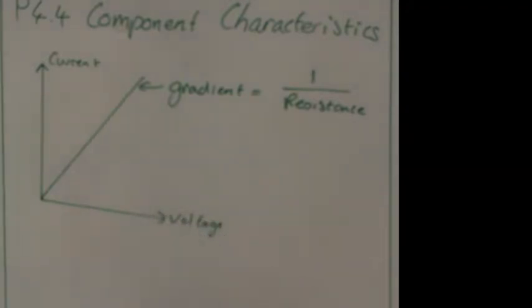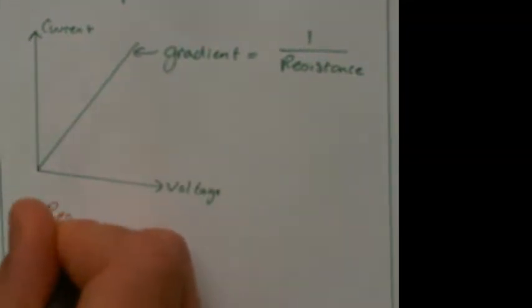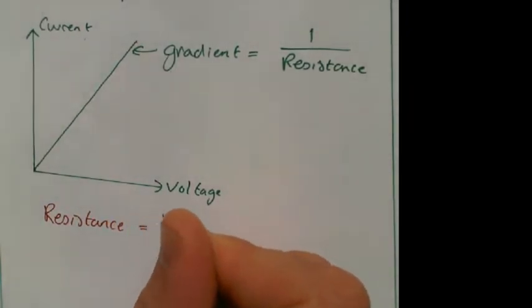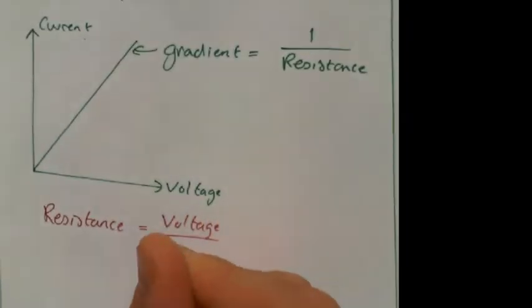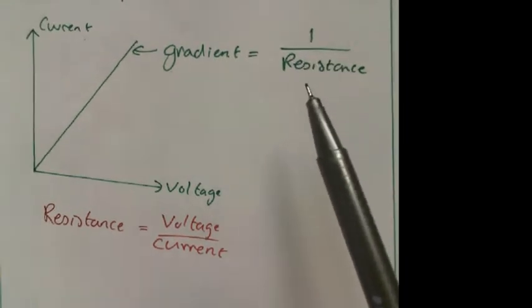And Ohm's law, we said last lesson, was resistance equals voltage divided by current. So that means that the gradient is 1 over the resistance.